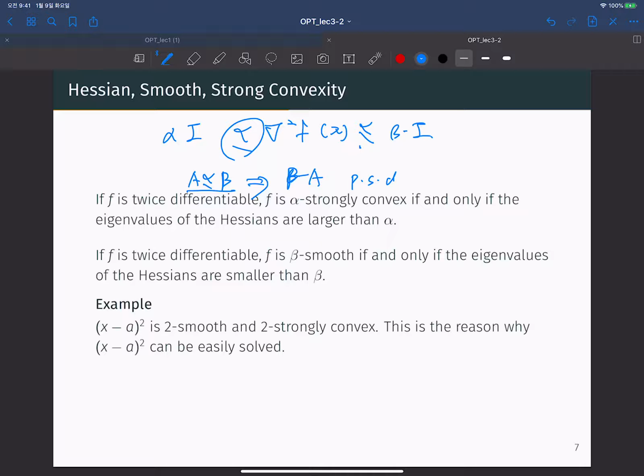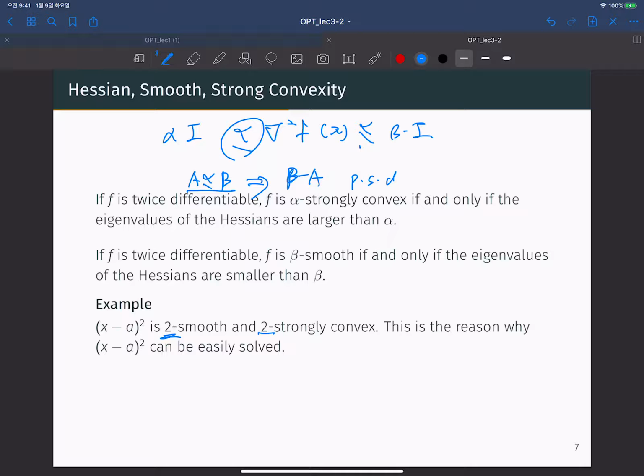We can explain this using alpha strong convexity and beta smoothness. We can easily check that (x minus a) squared is 2 smooth and 2 strongly convex, so alpha is equal to 2 and beta is also equal to 2. So when beta and alpha are very close, or even equal, the problem is usually very simple, and the gradient descent algorithm can converge to the optimal point with very few steps.